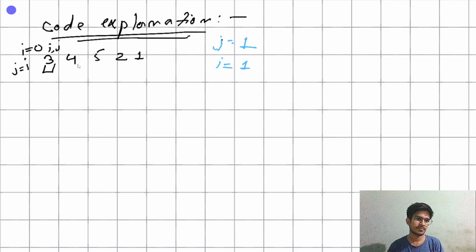So what happens? Now we are here, and j is here, at the 0th index.